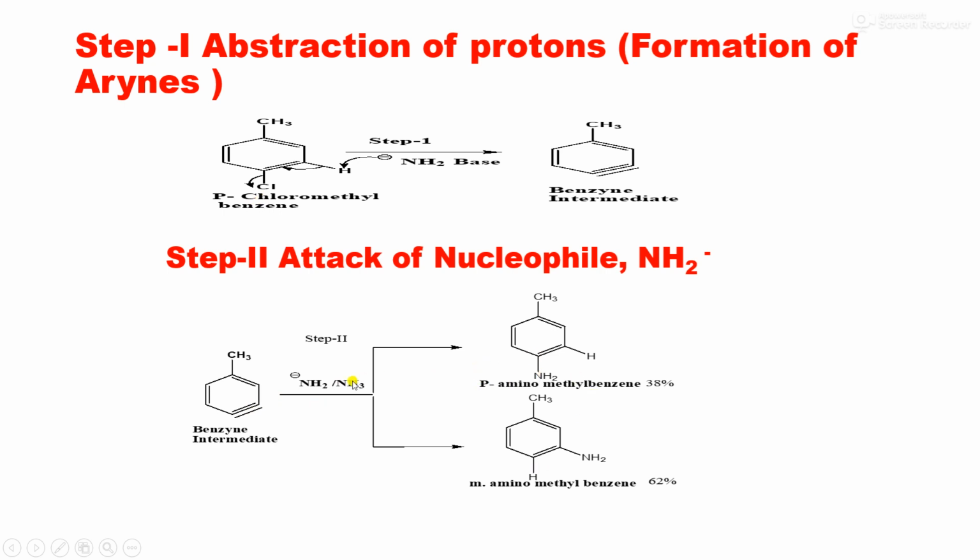So here NH2 attacks the para position, and we get para amino methyl benzene in 38%. And the second probability, which has a greater extent, is that NH2 minus attacks the meta position, and this bond gets shifted here. NH2 attacks either here or at the para position, and there is formation of meta amino methyl benzene in large excess quantity.